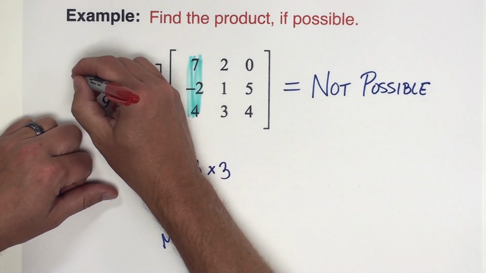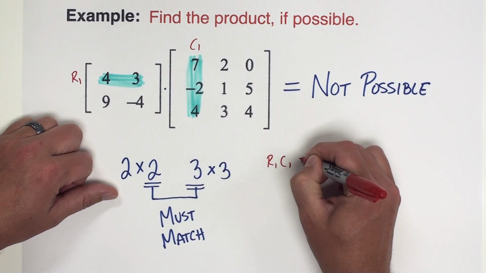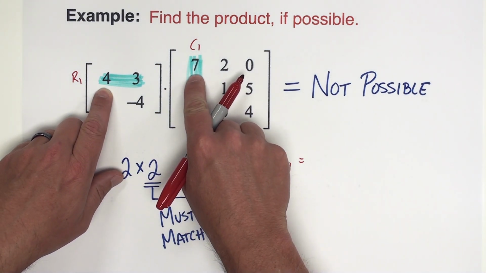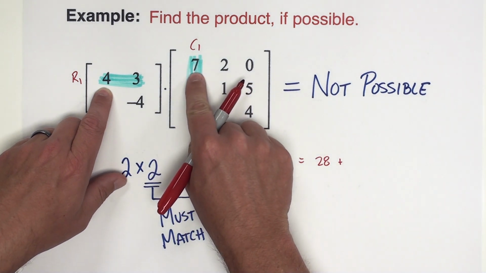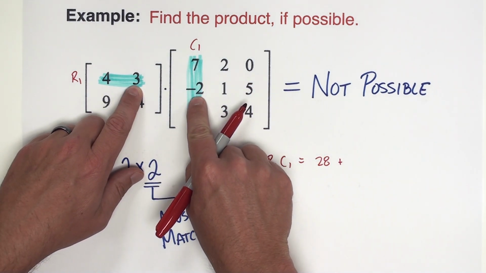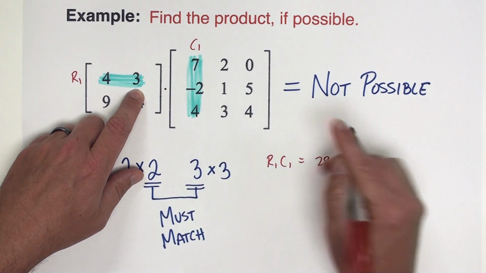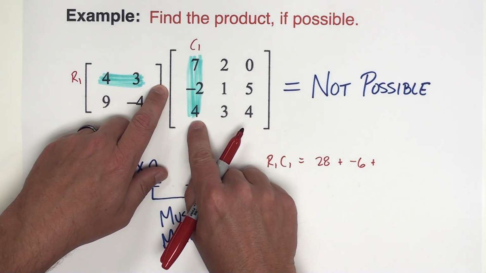So I'm doing row 1, column 1. I would start out with the first number times the first number, which is 28. And then I would go across and I would go down. Second number times the second number is negative 6. And then I would go across and down.